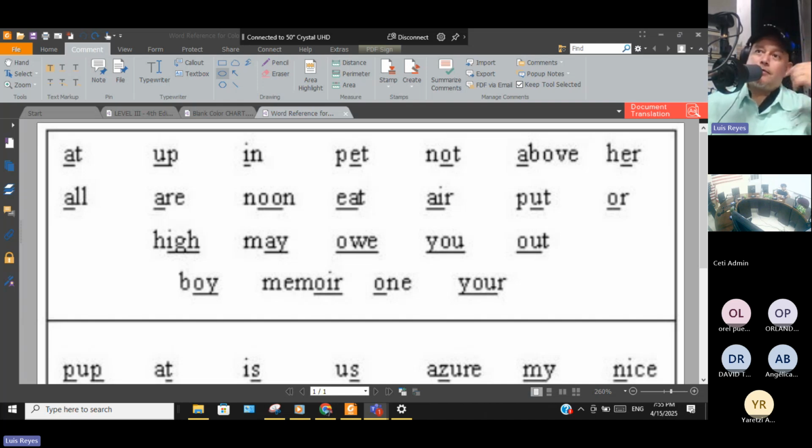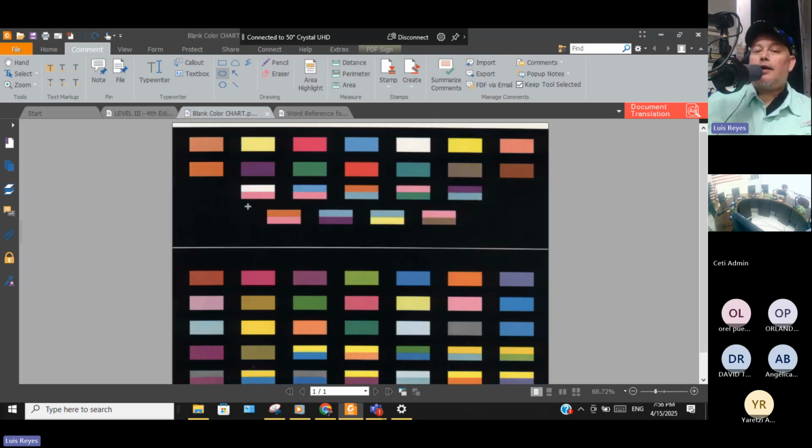Then we want to go past that and identify the correct spelling with the correct pronunciation of each letter for the spelling of all these words. And the last thing we want to do is identify the sound on the official color chart.